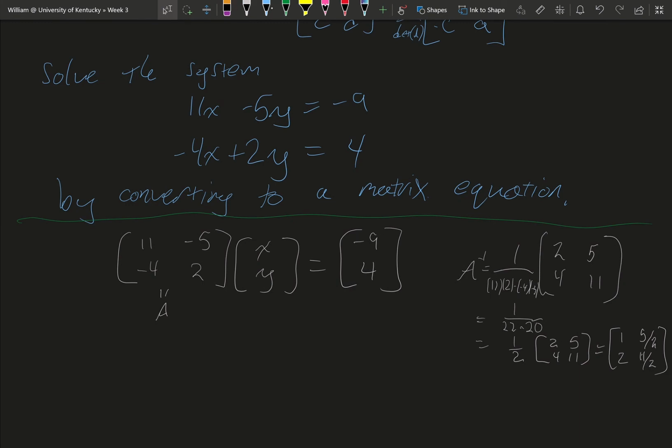So then what we can do is solve for x and y by just multiplying this thing by the inverse.